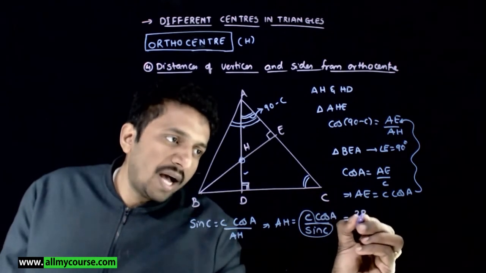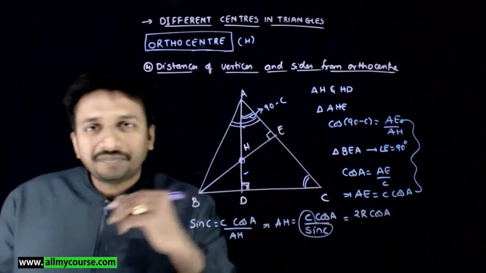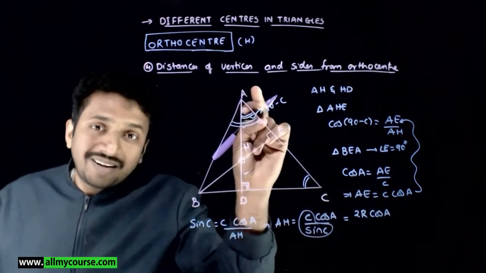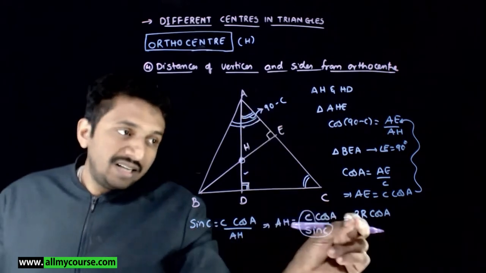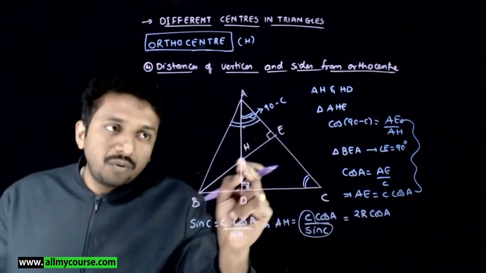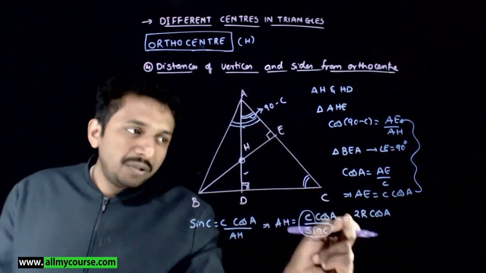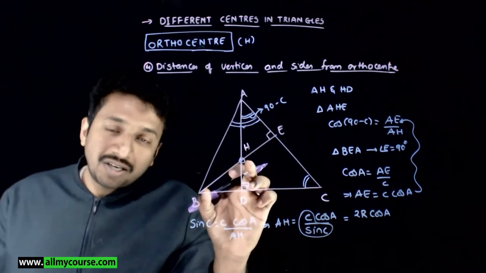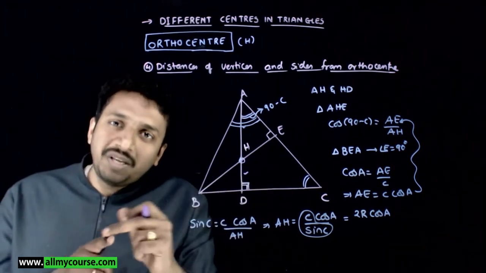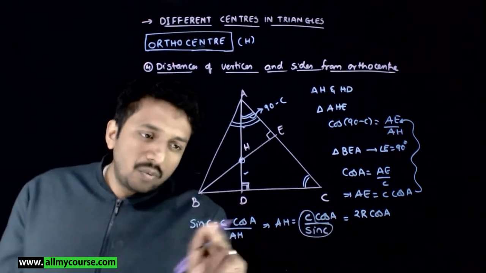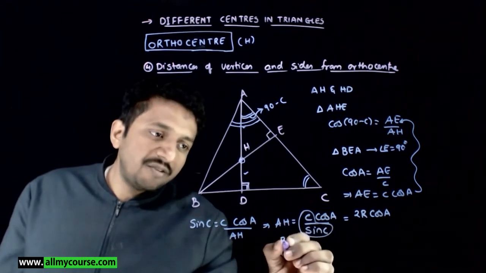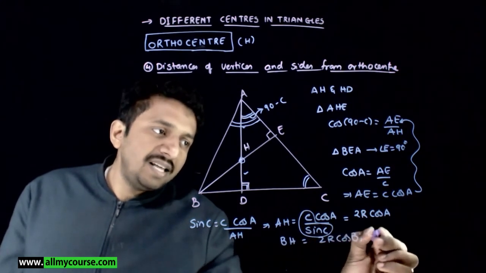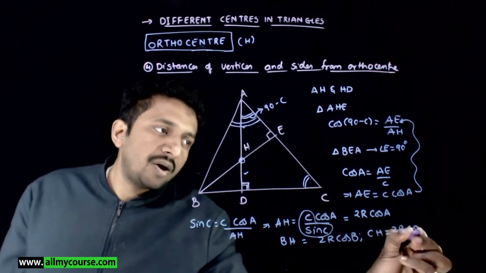So that is nothing but 2R cos A. So the distance between the vertex and the orthocenter is nothing but 2R times cos A. If you want the distance from vertex A, you need to put 2R cos A. Similarly, once you have AH, you can derive BH is equal to 2R cos B and CH is equal to 2R cos C.